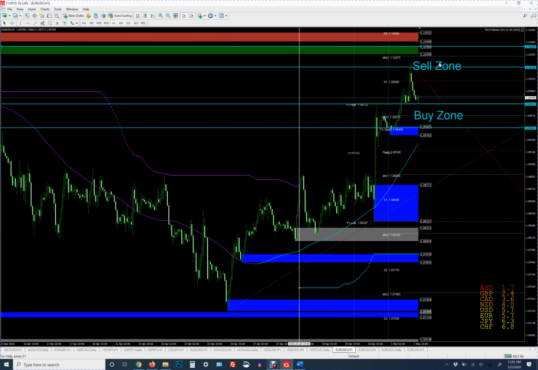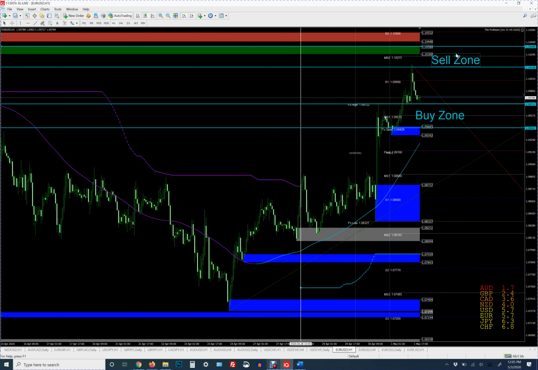Here's your sell zone. And these are our breakout points. Again, if a candle body holds above or below one of those levels, reevaluate. That is what I'm looking at.